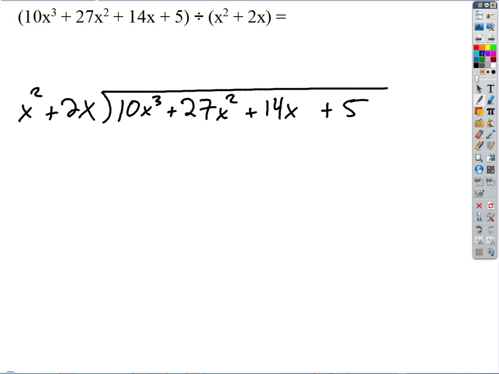Right. Is it 10x cubed divided by x squared? Good, good. We're going to see how many times the leading term outside divides into the leading term inside, right? So we're just asking the question, what is 10x cubed divided by x squared? And the answer is 10x. Okay, so that's telling us that the first part of the answer is just 10x. Okay, now what do we do?